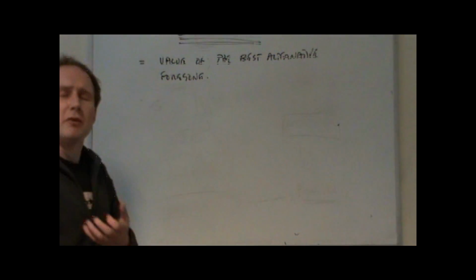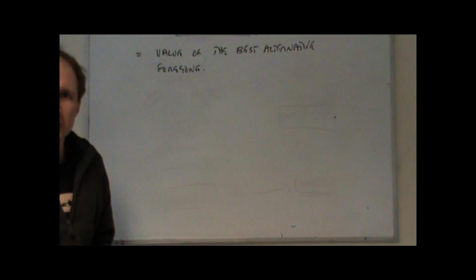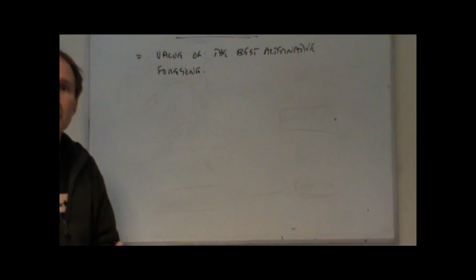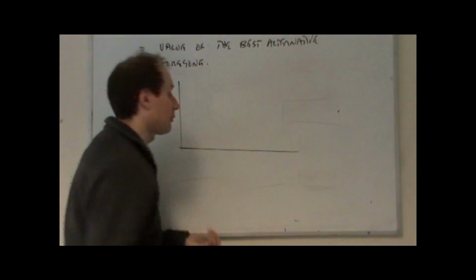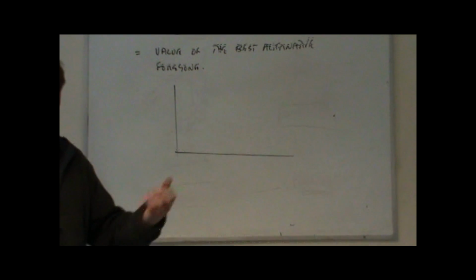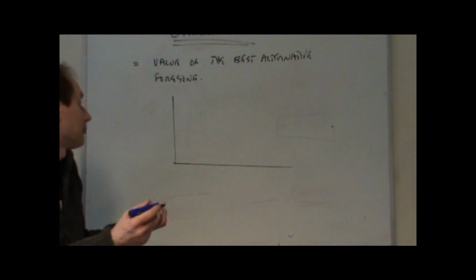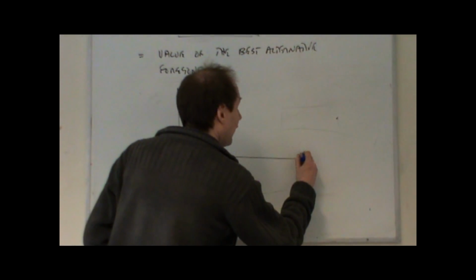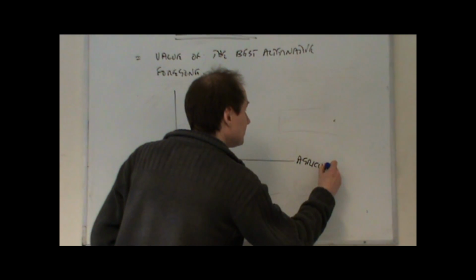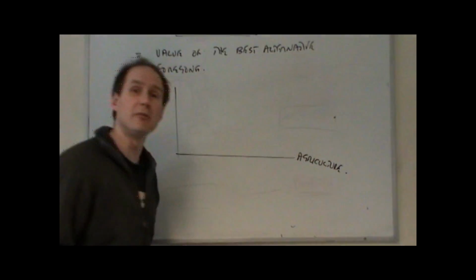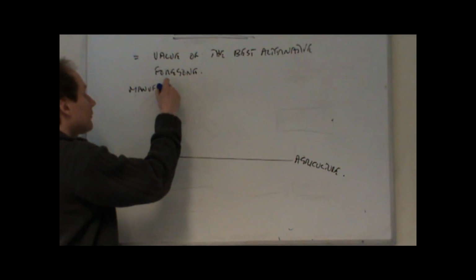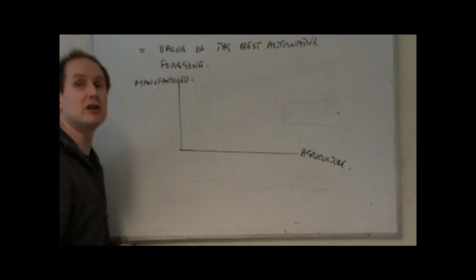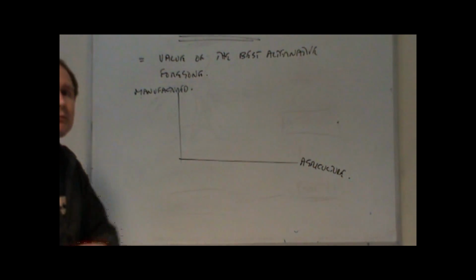Okay, so if we turn to the idea of a production possibility frontier, they're generally simplified representations of an economy. What we mean by that is that we assume that an economy has perhaps two main products that it makes. We could simplify this and say maybe we'll have agriculture down here, and we'll have manufactured goods up here.